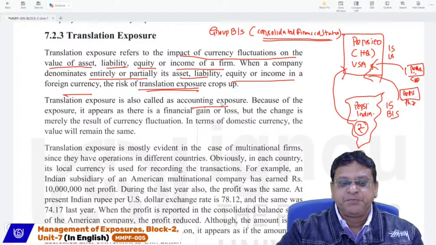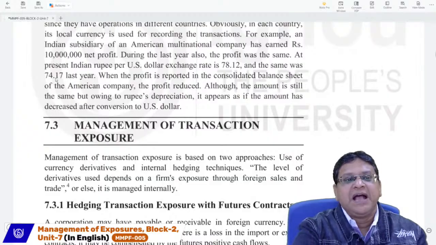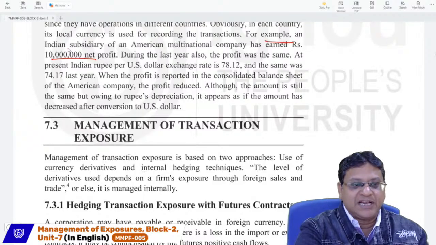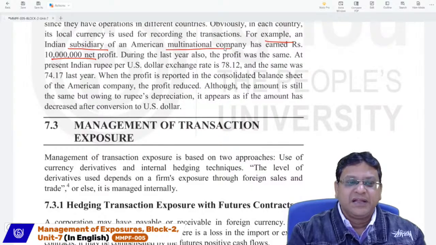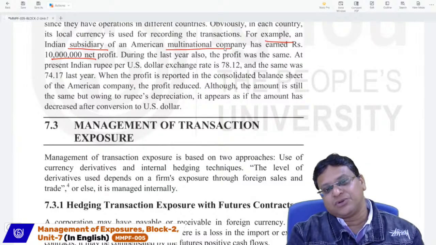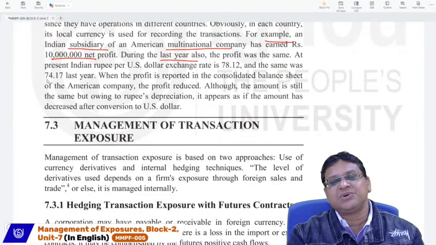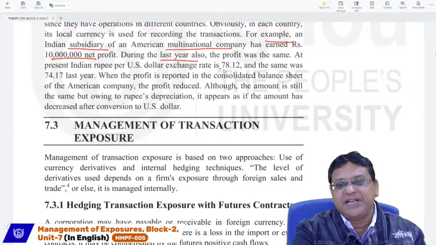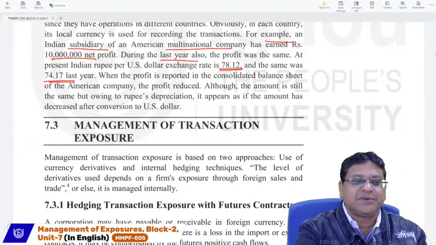Let's take an example. Suppose an Indian subsidiary of an American multinational company has earned 1 crore net profit. During the last year also, that means last year it earned 1 crore and this year also it has earned 1 crore profit. At present the Indian rupee is 78.12 per dollar and the same was 74.17 per dollar.